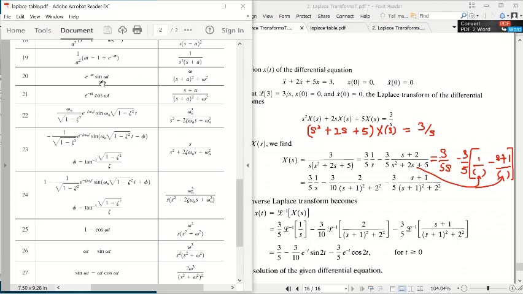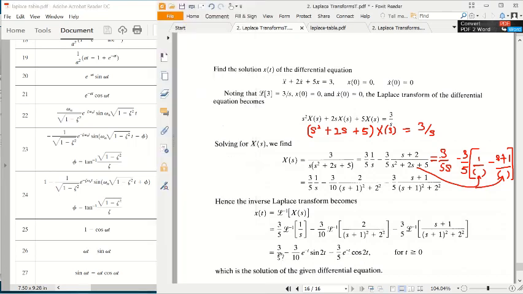So e to the power of minus t sine 2t, with a multiplier of this. Similarly for this side, minus 3 divided by 5. Here we compare, omega squared equal to 4, that means omega equal to 2, then a equal to 1. So e to the power of minus t cos 2t.